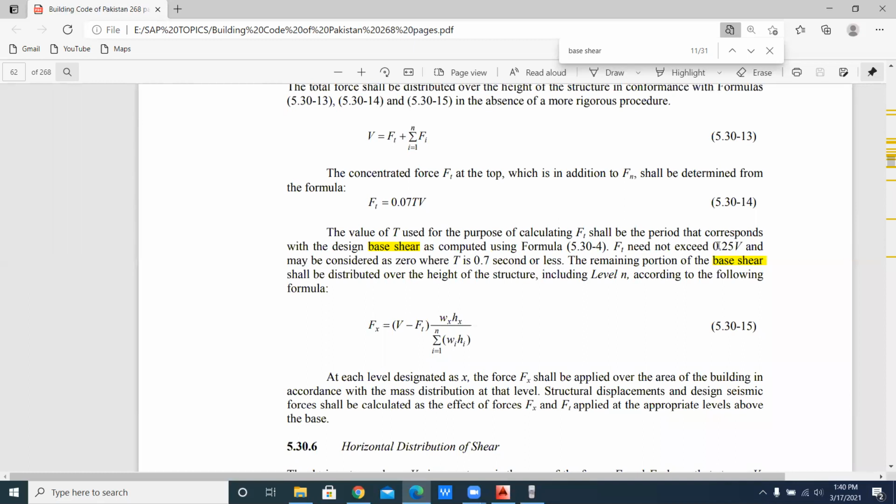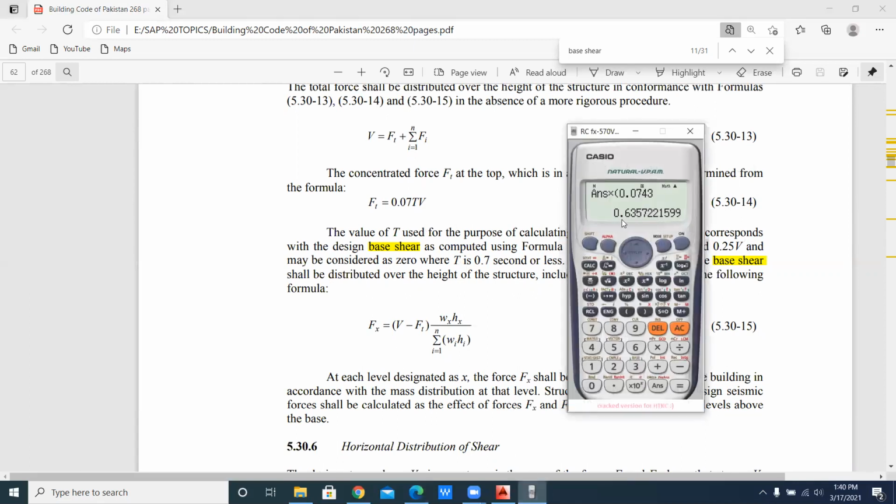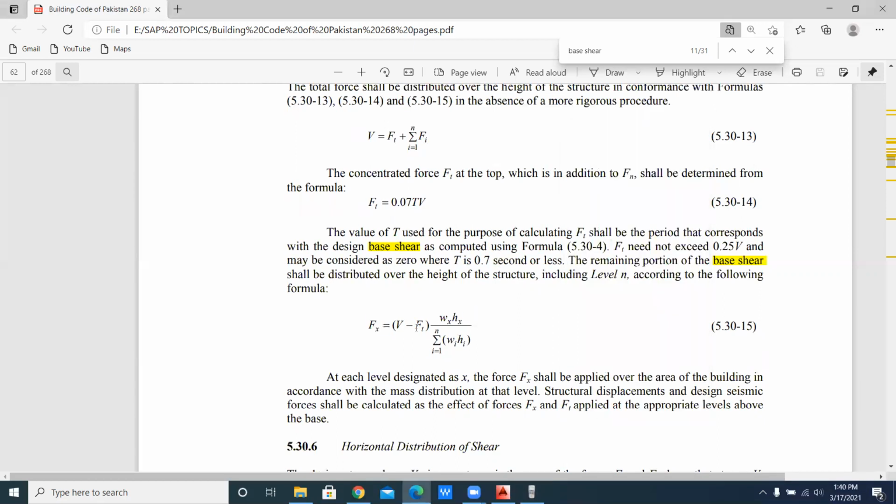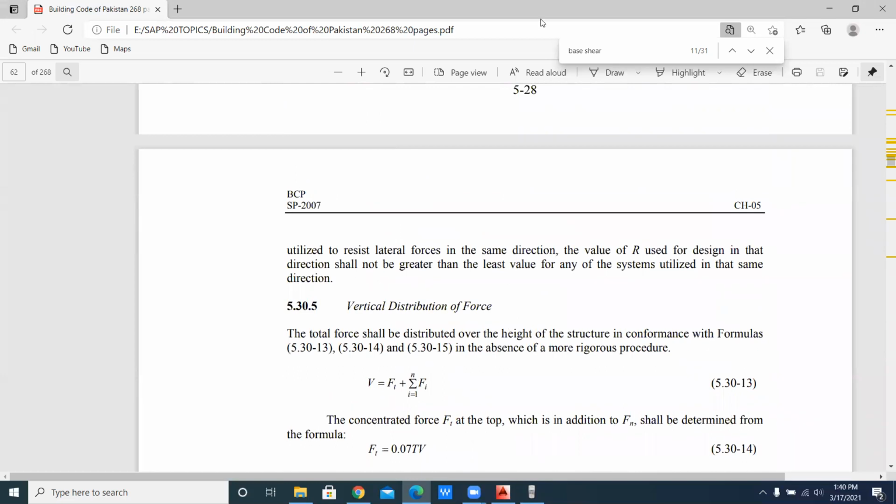Now you can see here that Ft is 0.25 V, and T is 0 where T is equal to 0.7 second or less. As your T is 0.6, therefore you have to take Ft equal to 0. I will consider it in the last class. So this is our first class. You can find out the seismic load analysis here manually. Thank you.